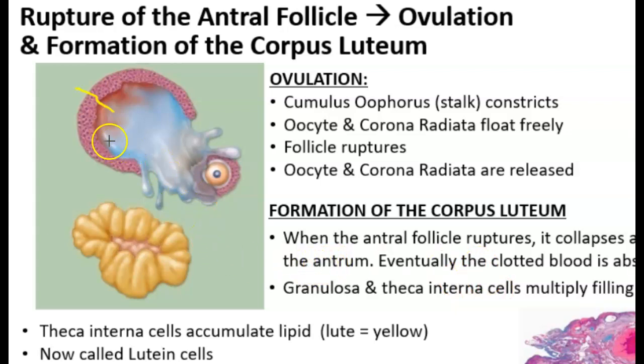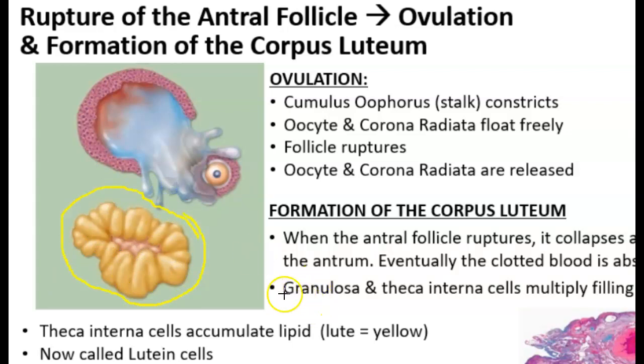Now the granulosa cells that remain and the thecal cells, not drawn on this picture, on the outside are going to multiply by mitosis and fill up that antrum and, of course, repair the wall, so to speak. And so what you get is this thick structure called a corpus luteum.